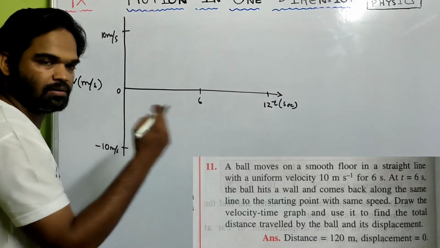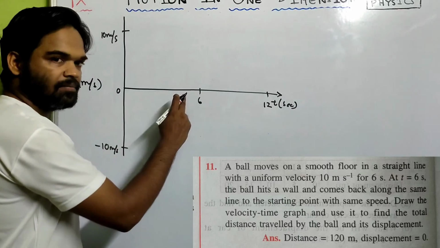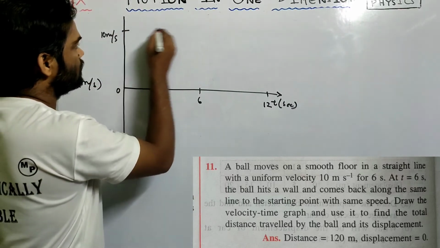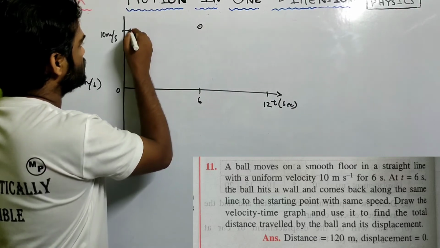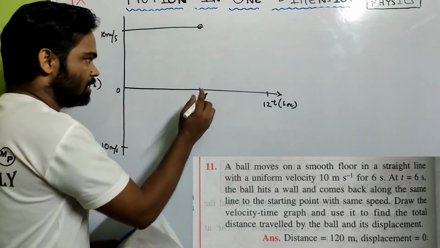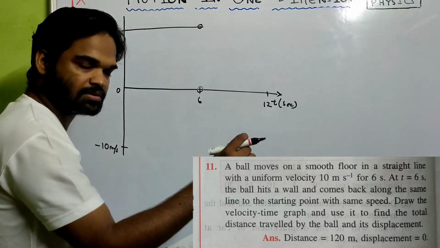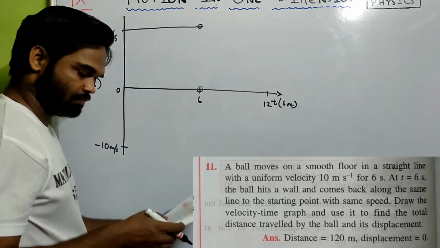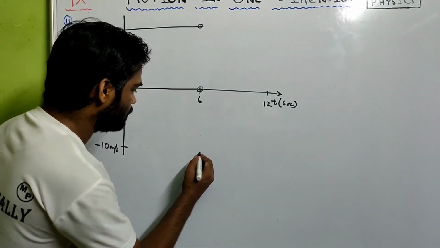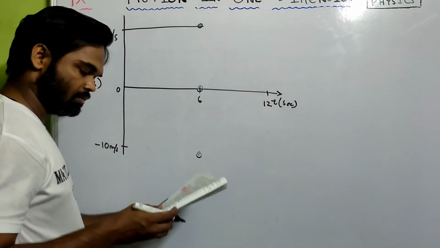It hits the wall after 6 seconds at 10 meter per second, so we get something like this, isn't it? But at 6 seconds it hits the wall and returns back, which means speed will be now minus 10, isn't it?